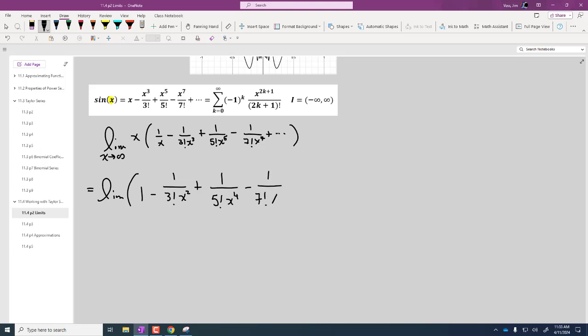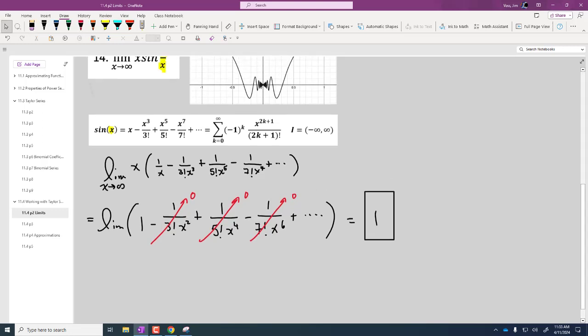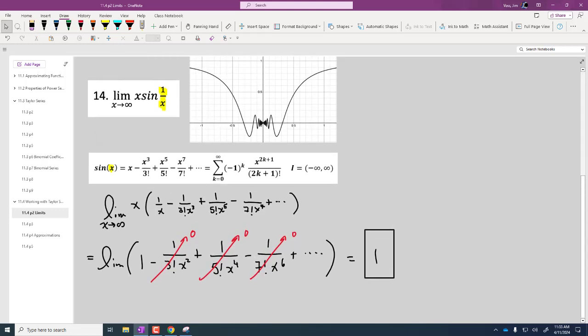And does everybody see that all the terms here are going to 0 because x is going to infinity, so those fractions are all going to 0. So this limit is 1. So the mustache function does indeed have a horizontal asymptote at 1.